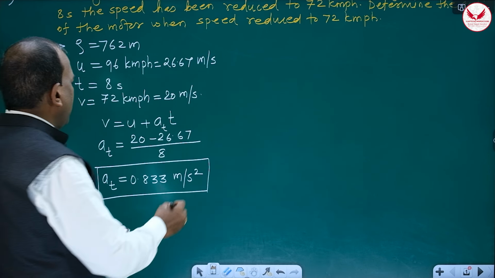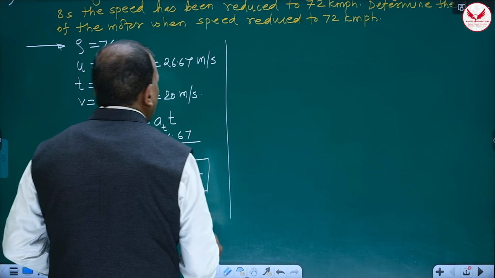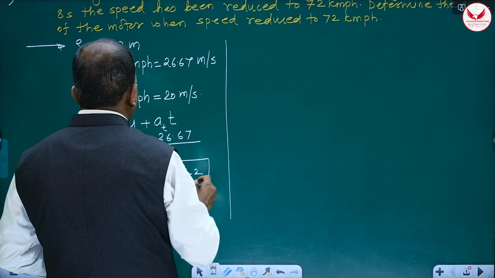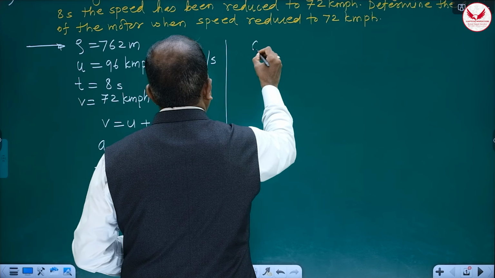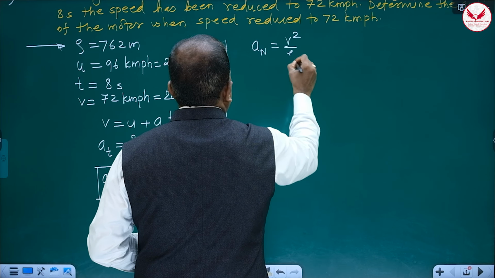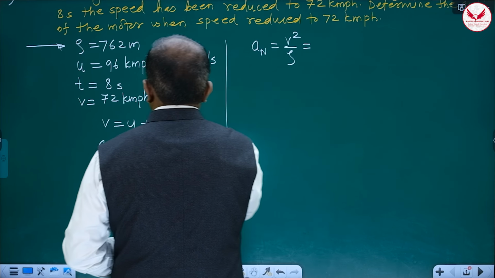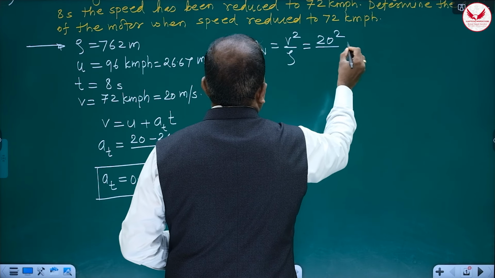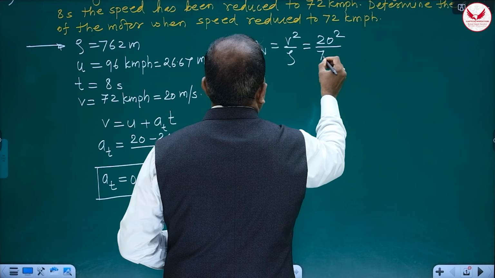This is one. The next is what? When speed is reduced to 72, at this moment we have to get the normal acceleration, an. It is going to be v square by rho, and v square is what? 72 means 20 square by 762.